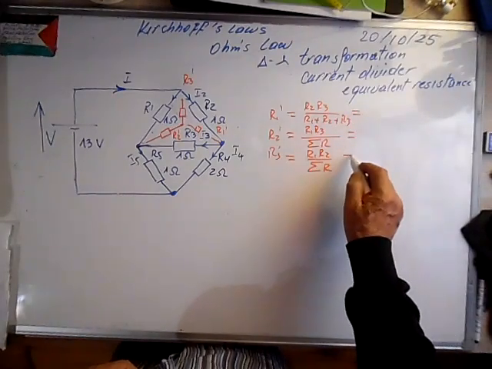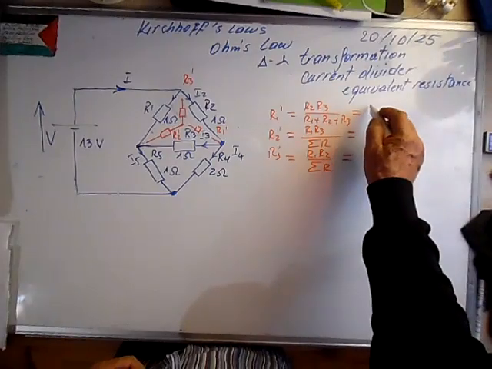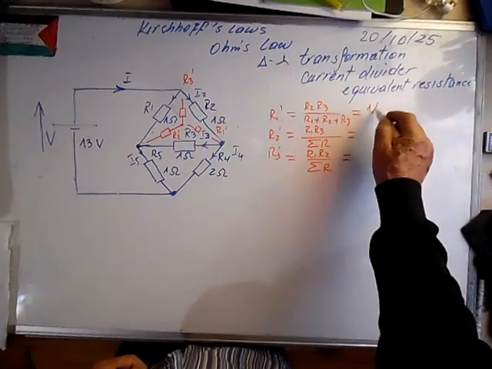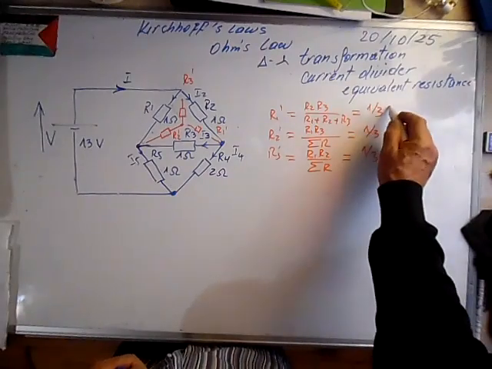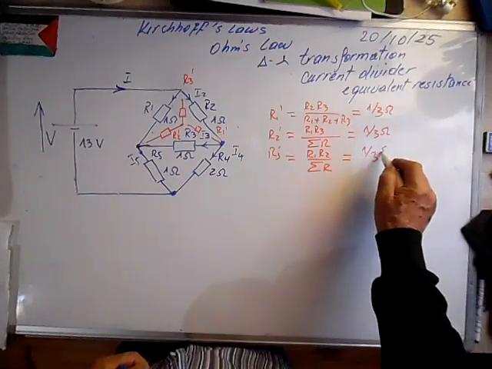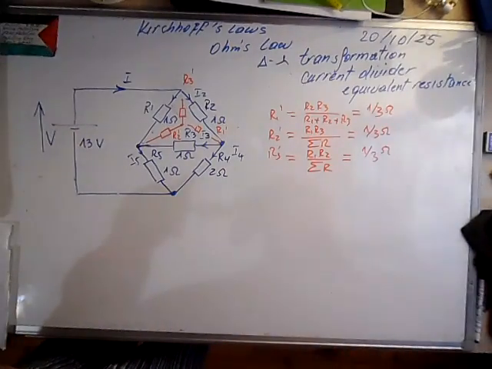Here the resistances are equal, so it's 1 over 3, 1 over 3 ohms.